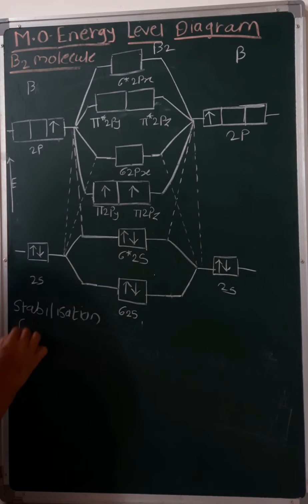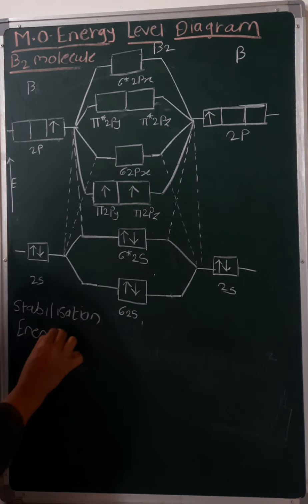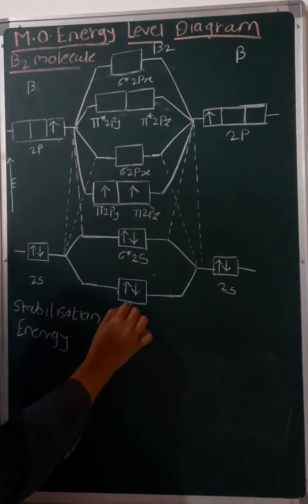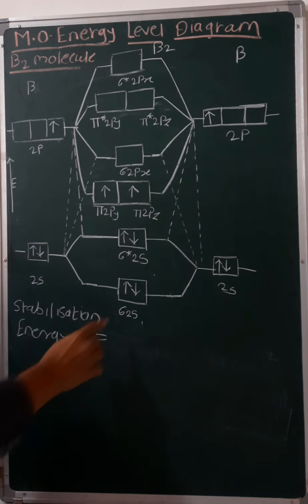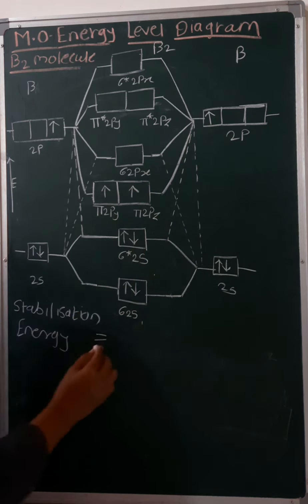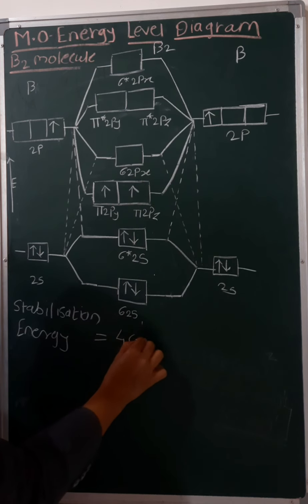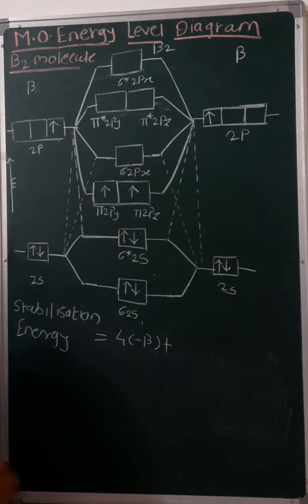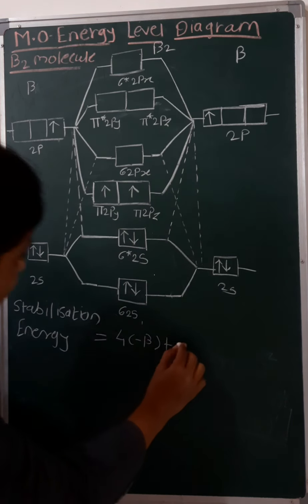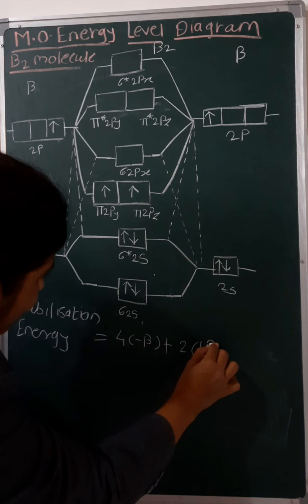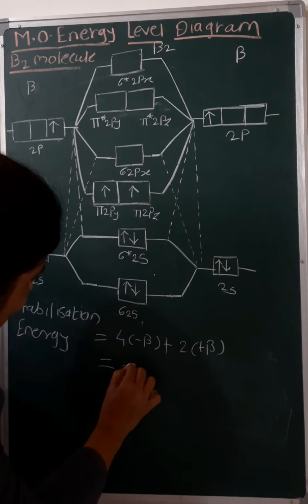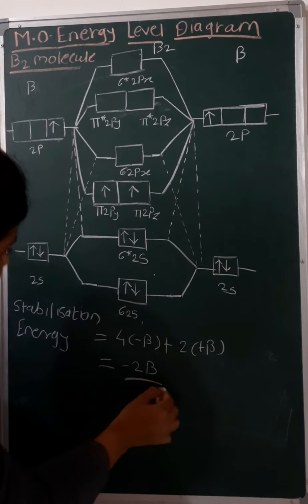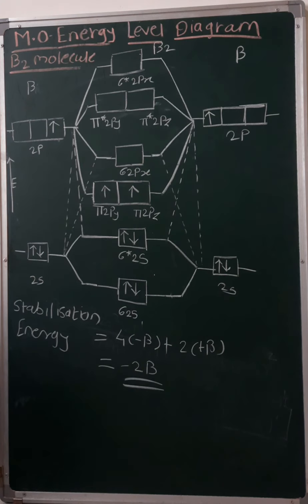The number of electrons present in the bonding molecular orbitals is 2 plus 2, 4 electrons, multiplied by minus beta, plus the number of electrons present in the antibonding molecular orbital, 2, into plus beta. That means the stabilization energy of the boron molecule is minus 2 beta.